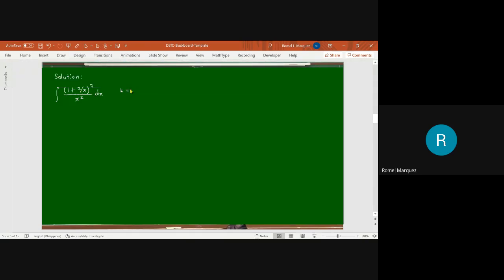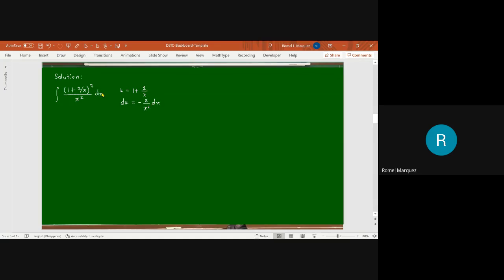Negative 2 over x squared, then dx. Okay? So notice that the remaining part is almost du. If I take 1 plus 2 over x as u, and 7 is the n, the remaining is almost du. We are just missing the negative 2, no?